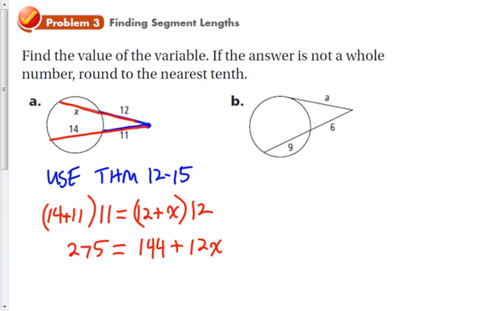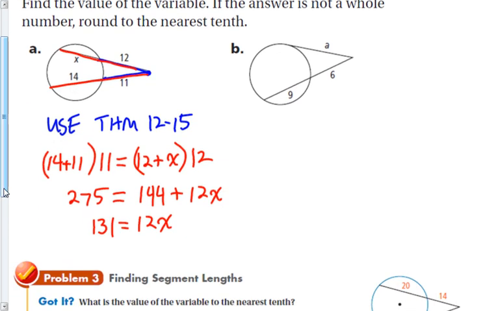Subtracting 144 from both sides gives me 131 is equal to 12x. And dividing both sides by 12 gives me about 10.9 for x.